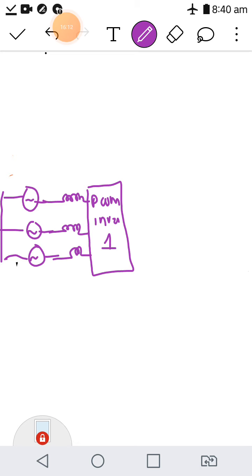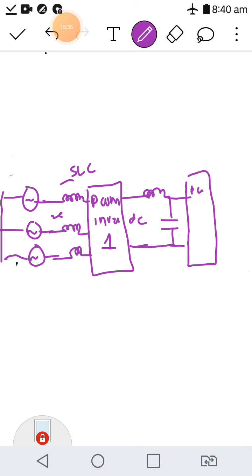So this arrangement, the inductor along with this PWM inverter, is called the SLC, synchronous link converter. On one side this PWM inverter has AC, and the other side is DC. This is fed to a DC link capacitor. The output of the DC link capacitor is connected to another PWM inverter. This is PWM inverter number 2, and the output of this inverter is connected to our normal induction machine.